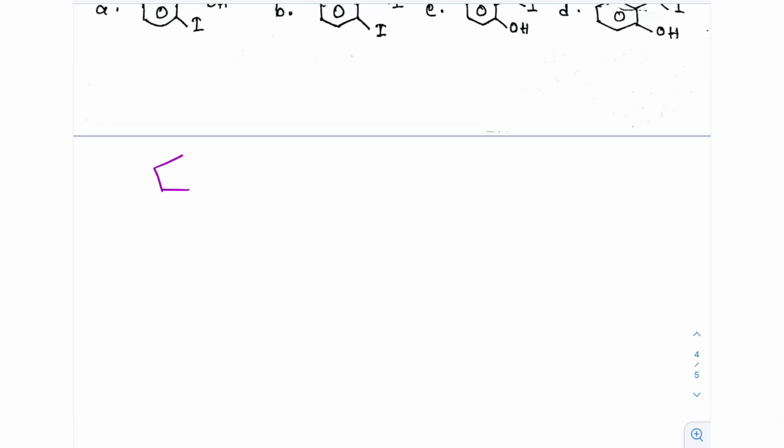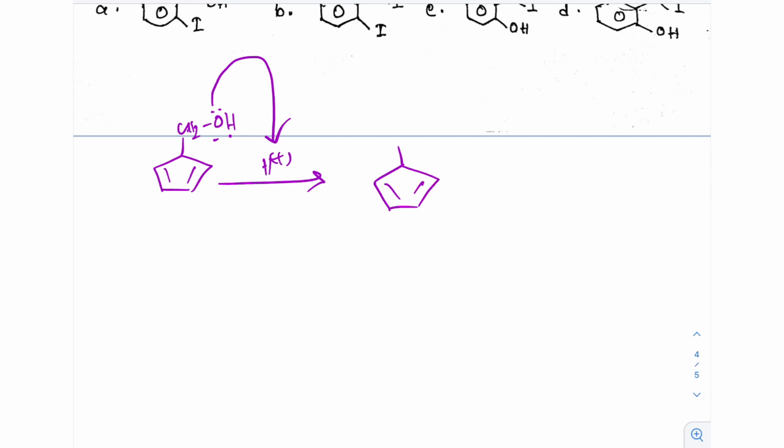This was the starting material, CH2OH, that is being treated with H plus. The lone pair of oxygen is donated to H plus, and this OH2 plus ion is formed. OH2 plus is an excellent leaving group. Then it leaves.